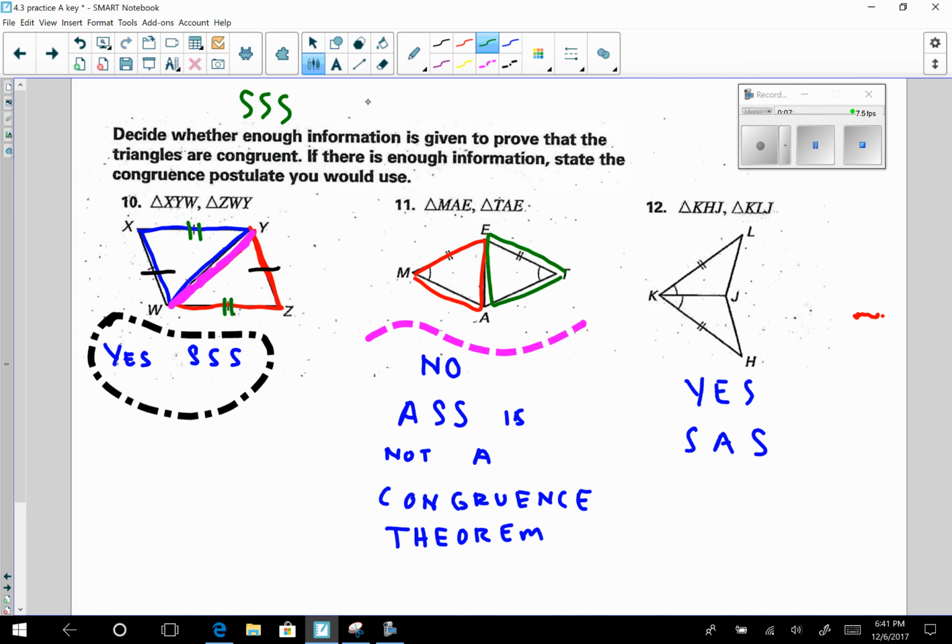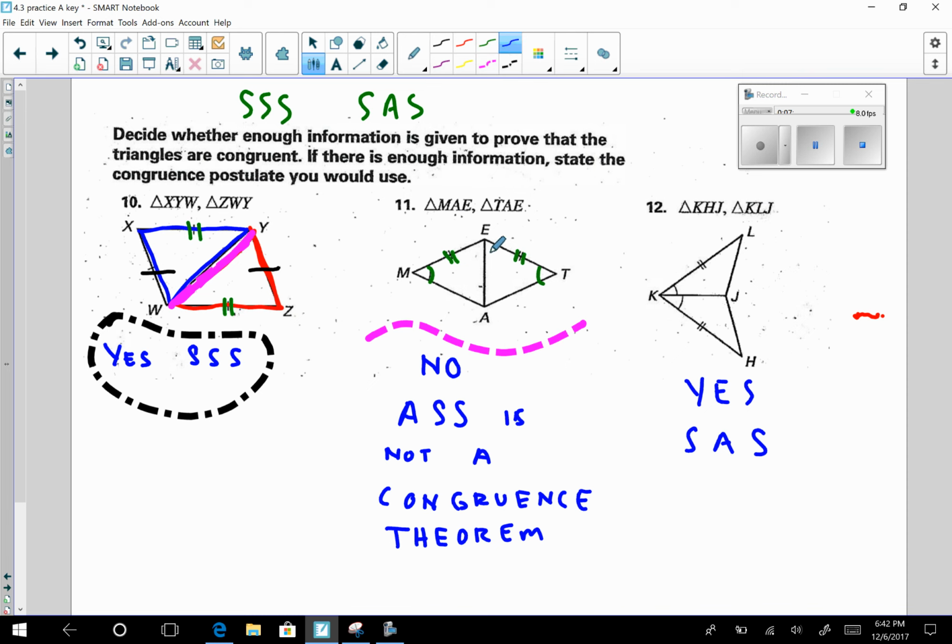Side, side, side, and side, angle, side. So even though they appear to be congruent, I don't think we can prove they're congruent. Because all we have is these angles congruent. M is congruent to T. And I do have ME congruent to TE. I do have these two segments congruent.